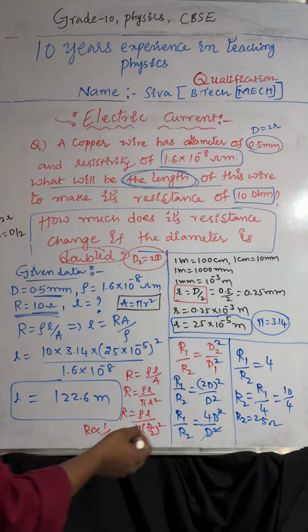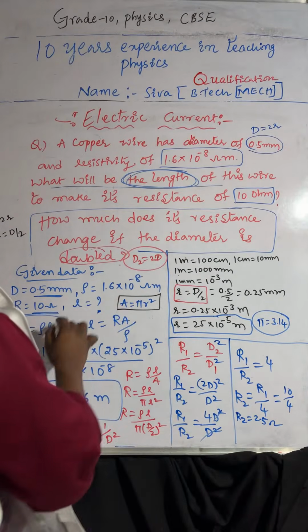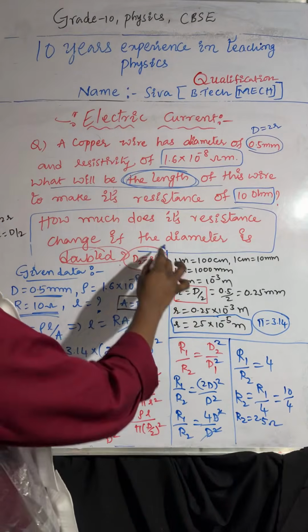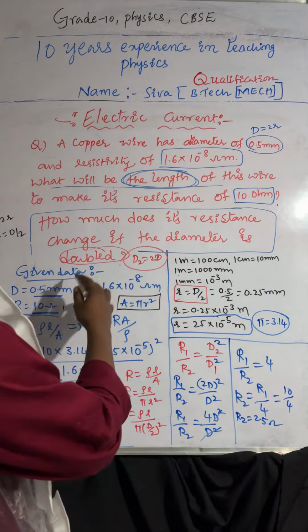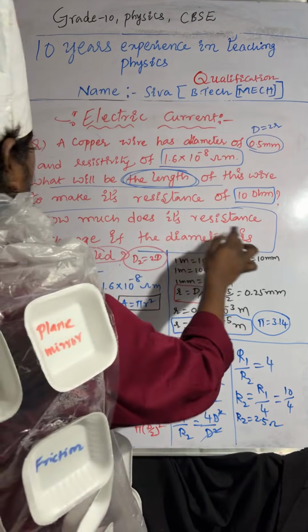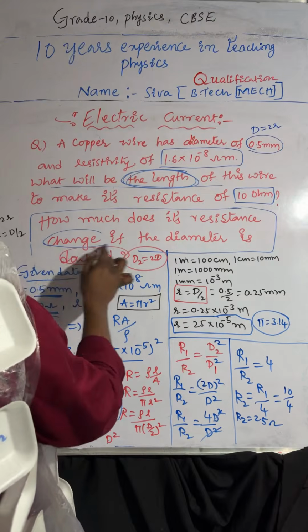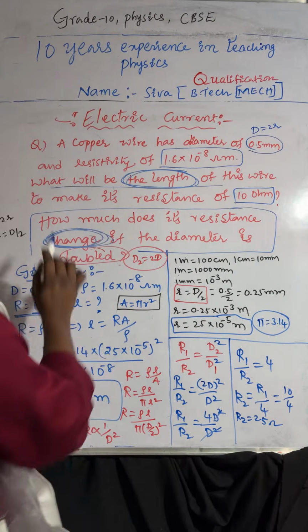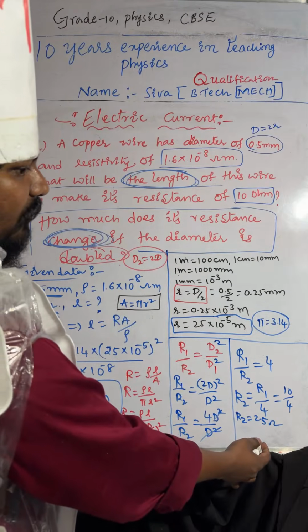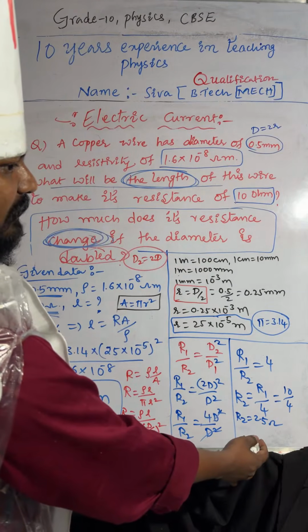So the change is 10 minus 2.5. The resistance reduces when the diameter is doubled. They asked how much the resistance changes. Change means the original minus the value when the diameter is doubled. Then you will get the answer.